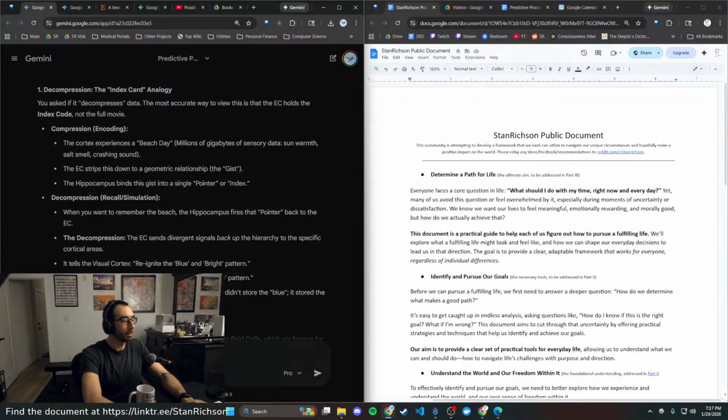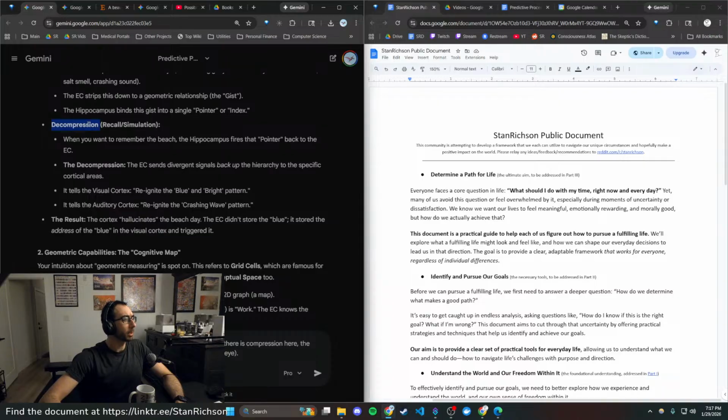Would it actually be a single pointer? I'd imagine, even though there is compression here, the output data would still be quite complex, at least for the human eye.